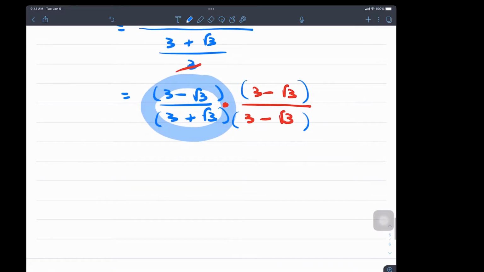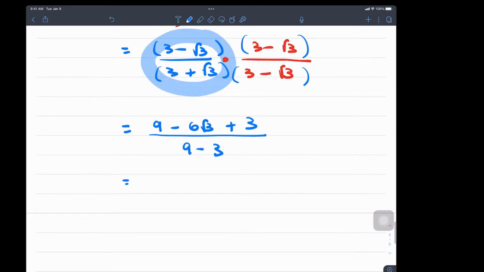But if you're in another environment and you look at the back of the book, what did they get? They got 9 minus 6 square root of 3 plus 3 over 9 minus 3, right?